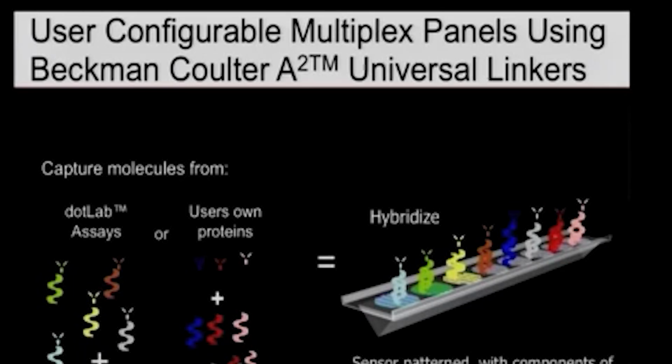So one approach that we've done in collaboration with Axela, the company, is to use what are called the Beckman-Coulter A-squared linkers, which are short snippets of DNA that they created in order to bind to proteins, but are distinct enough so that each snippet is on one location.